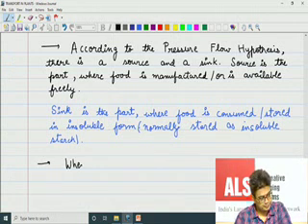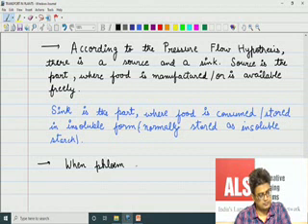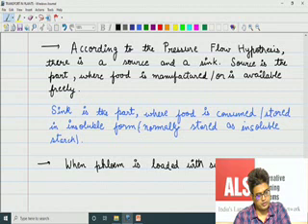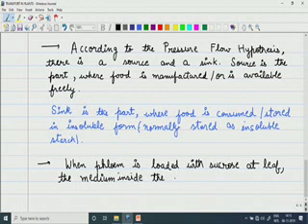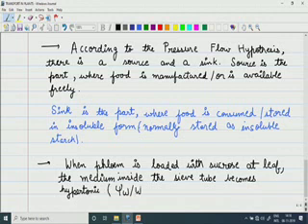When phloem is loaded with sucrose at the leaf, the medium inside the sieve tube becomes hypertonic, or you can say psi W, the water potential, decreases. Immediate decrease in water potential.